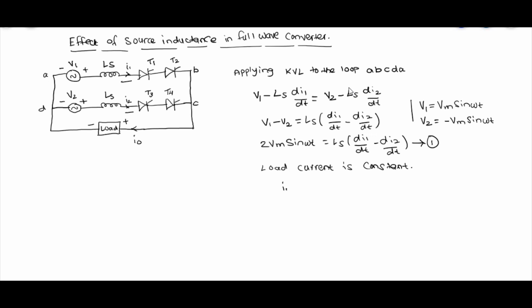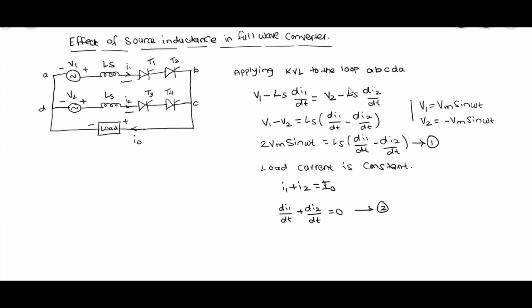So I1 plus I2 will be equal to I0. If I differentiate this, I will get di1 by dt plus di2 by dt equal to 0. Number this equation as 2.